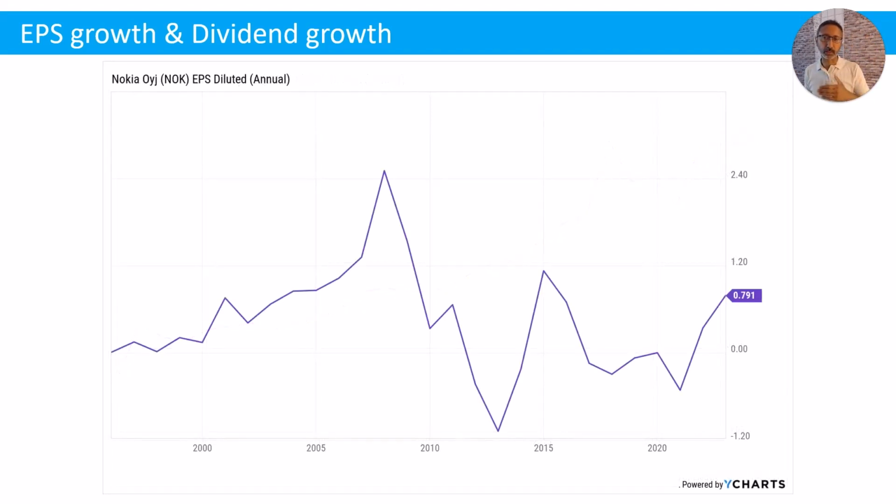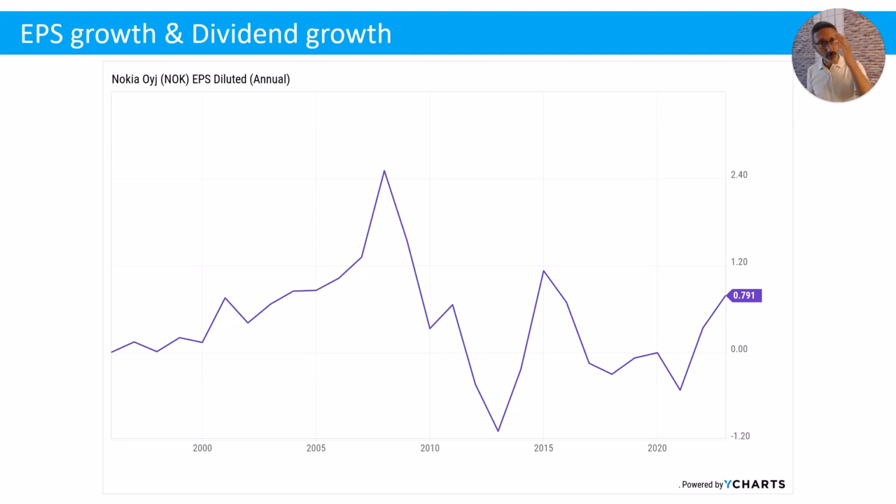So here's a company that makes money, then they lose money. You'll notice in the graph, we have a negative, right? Negative $1.20. So it loses money. Here the graph goes up and down, up and down, up and down. It's random. It's very difficult for us to have any confidence as to what is going to happen to the earnings next year.